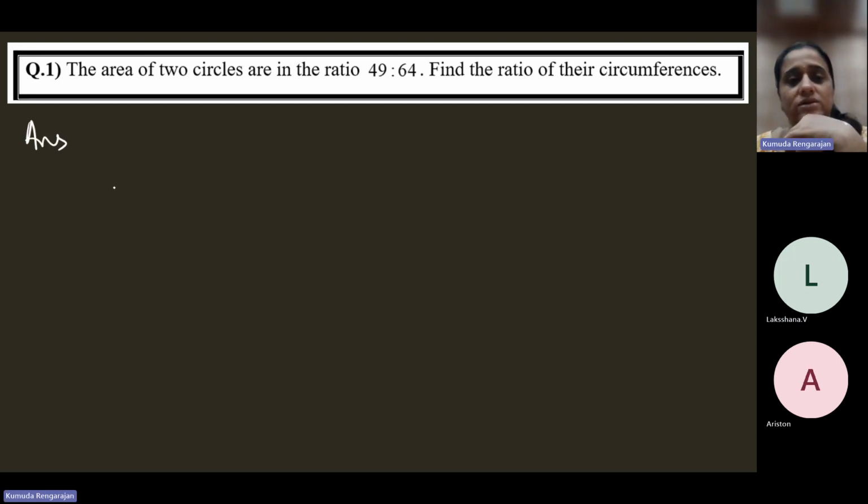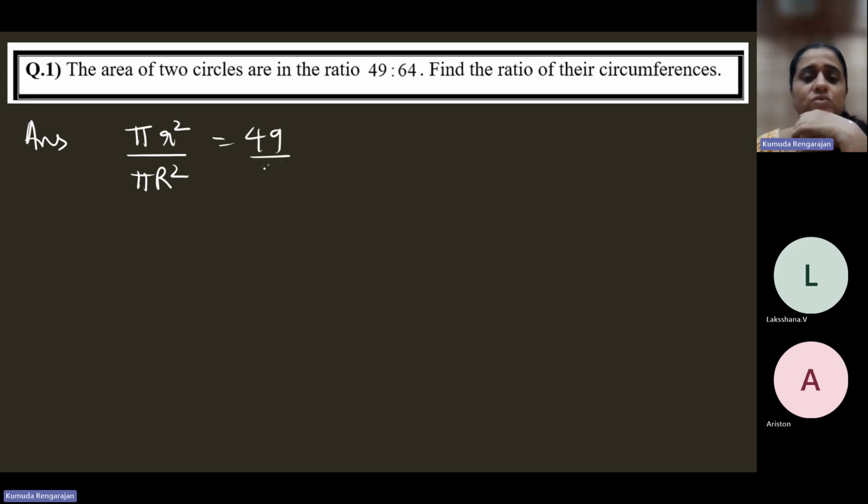The area of two circles are in the ratio 49:64. That means pi r square by pi R square is equal to 49/64. This is what is given to us.